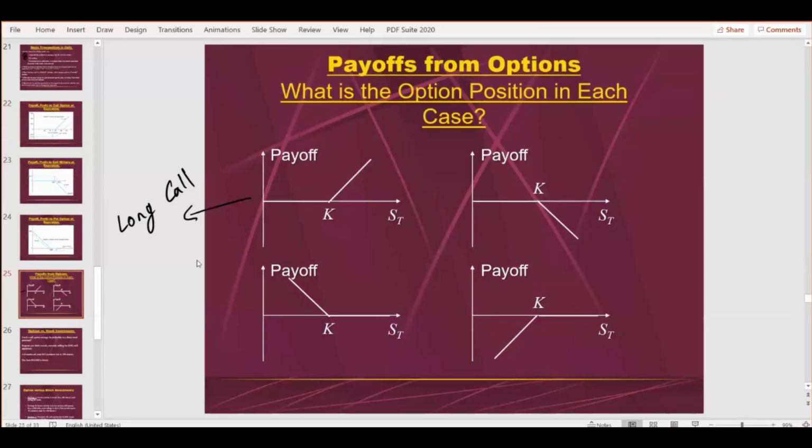Now, definitely you don't have to memorize the graphs, but you can easily visualize the graph, and you can easily draw the graph from scratch. That position over here, the mirror image of the long position, is a short call. This position here is the long put. And finally, this position here is the short put.